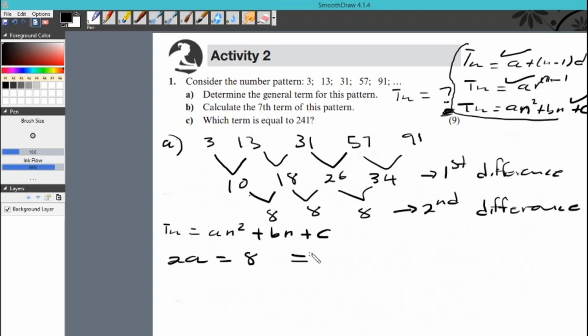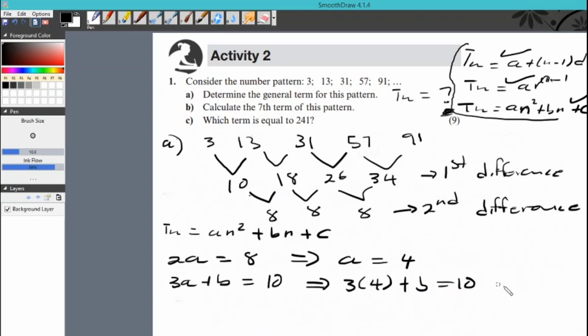So a is equal to 4, right? And then 3a plus b is equal to 10. When we substitute a, 3 times 4 plus b equals 10. So b is equal to 10 minus 12, so b will be minus 2.